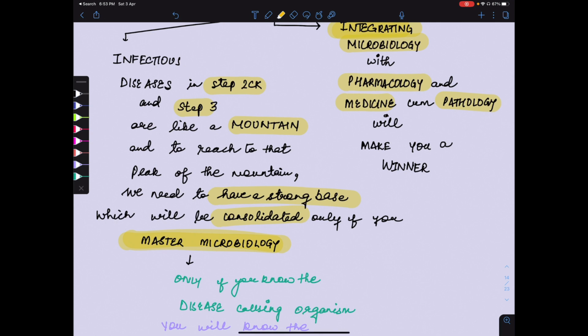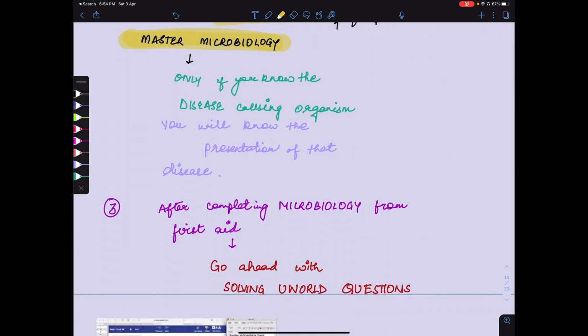Then only you will realize the importance of microbiology. When you integrate these systems, you will be able to easily solve the questions, and you would be really thanking me for this video. Once you know the disease-causing organism, you will know the presentation of the disease as well, and you will know which antibiotic to prefer for that organism.